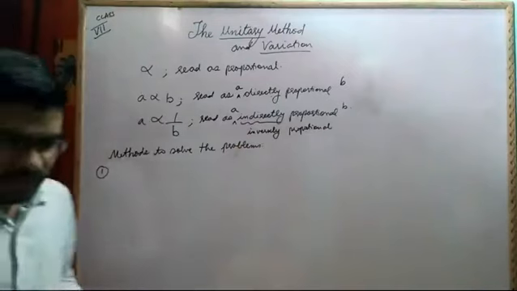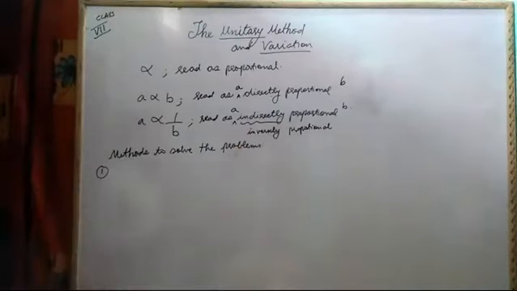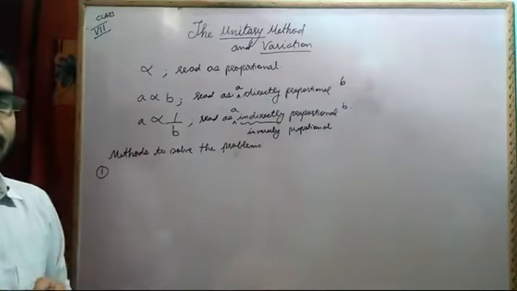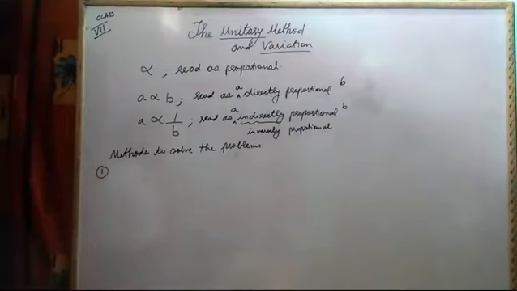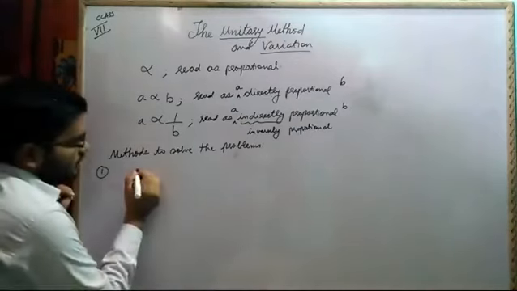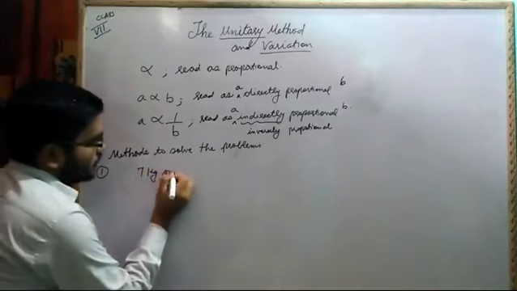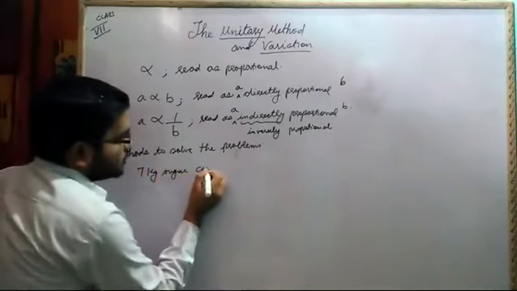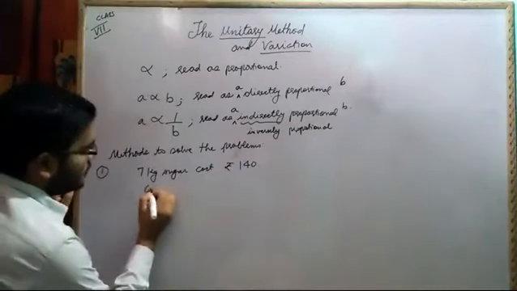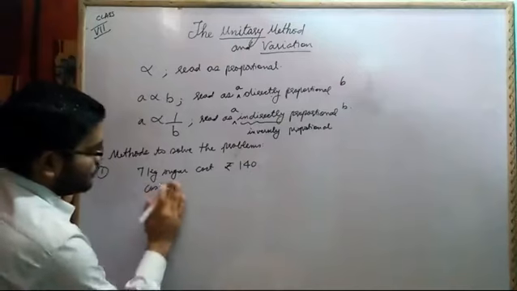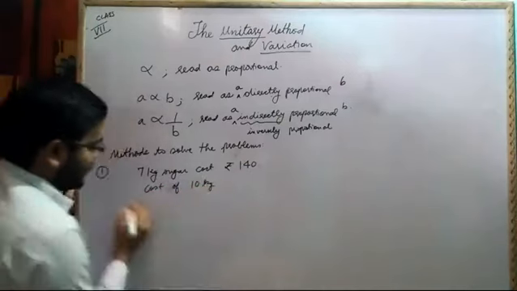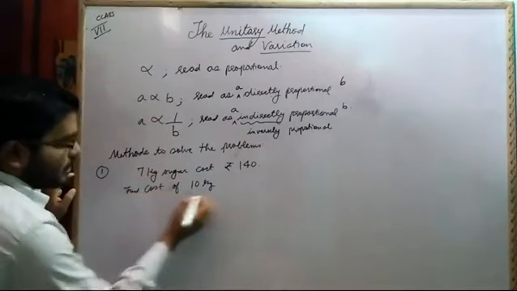From our exercise only, we have one question. 7 kg sugar costs rupees 140. Then what is the cost of 10 kg sugar? So 7 kg sugar costs rupees 140. Then find the cost of 10 kg.